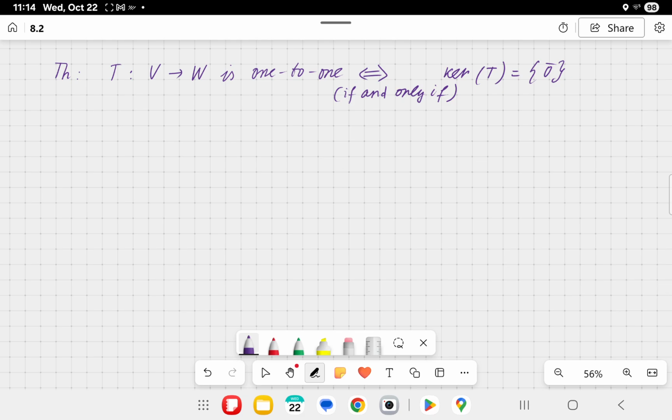But if it's one-to-one, there is going to be nothing else in it. I'm going to prove it. It's a really, really easy proof. So, proof. I'm going to do this direction. What is given? Given T is one-to-one. Need to prove kernel equals the zero vector. How am I going to do it?